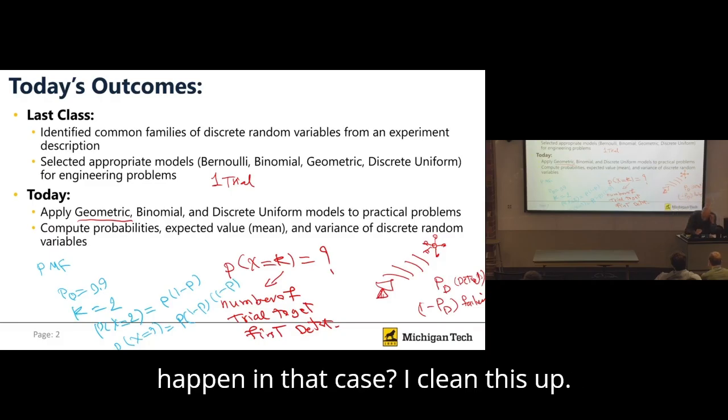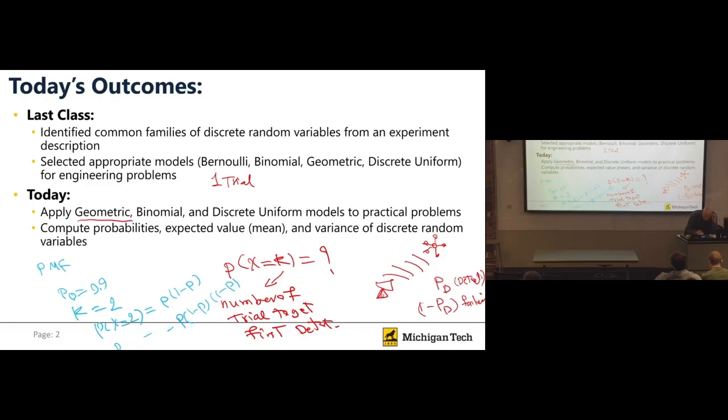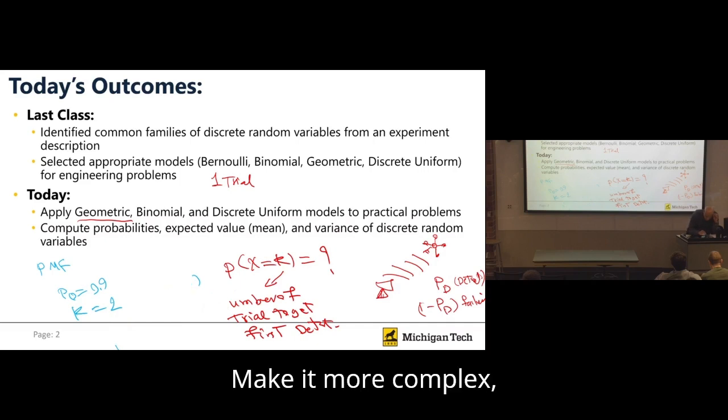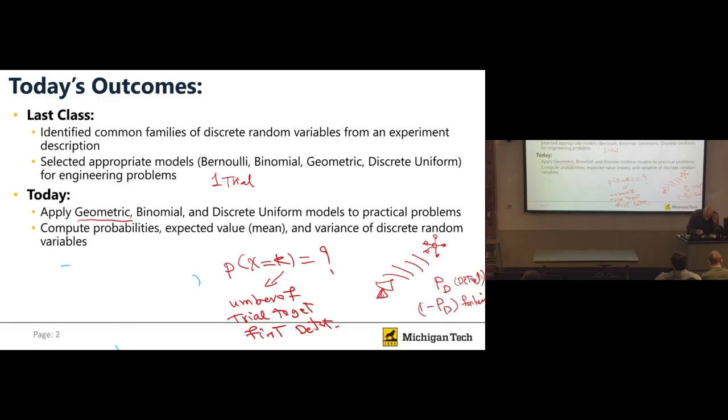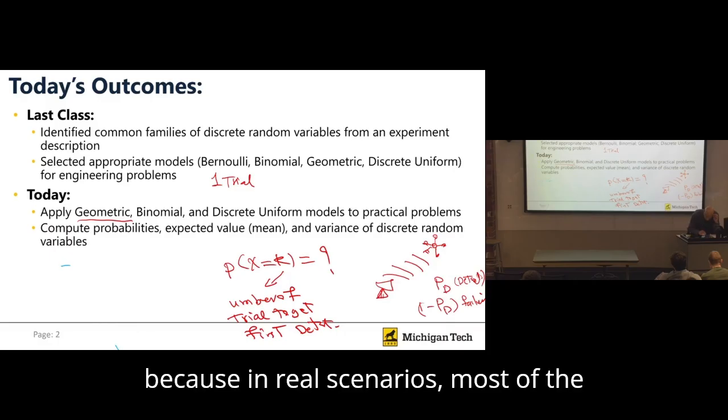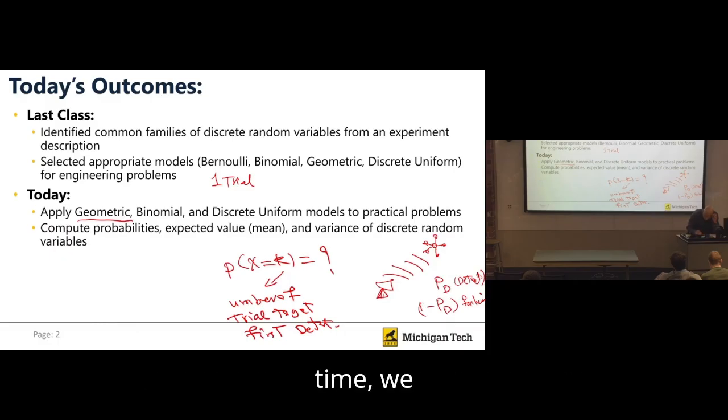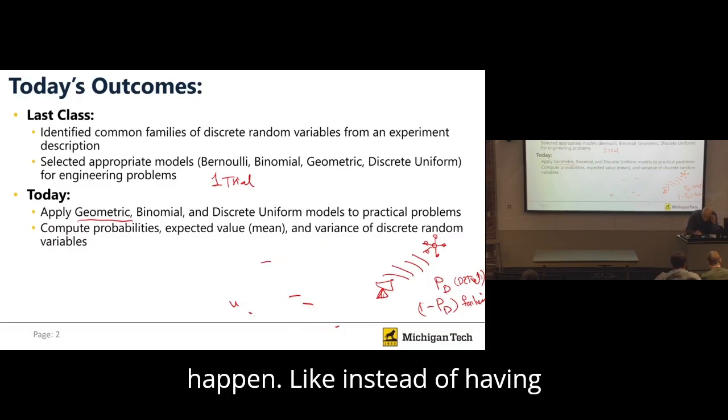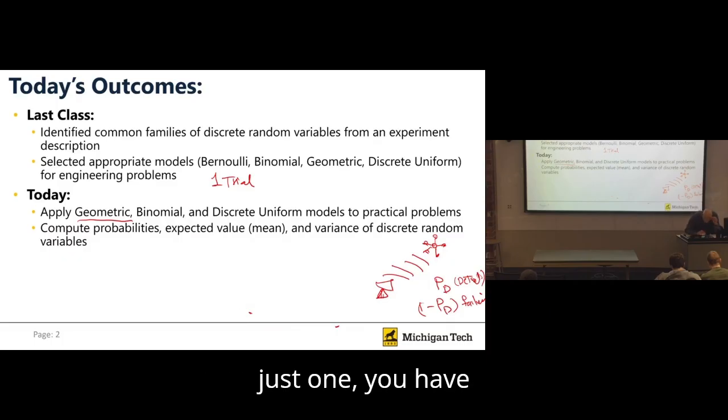What's going to happen in that case? I clean this up. Make it more complex, because in real scenarios, most of the time, we have some challenges. Instead of having just one, you have 4 drones.